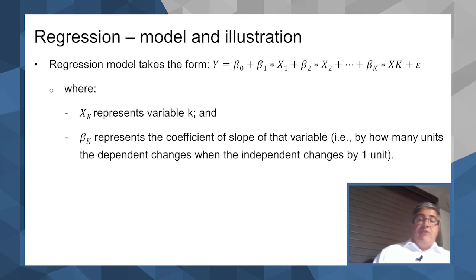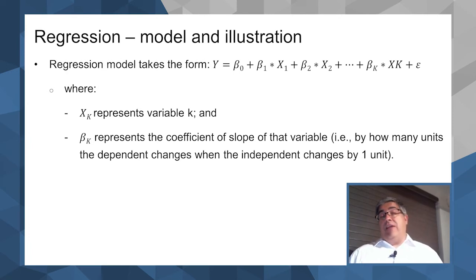And so a regression model will look like this. We have 2 types of variables. We have a single variable y, which is the dependent or explained variable. And we have 1 or more variables x, which are the independent or explanatory variables.